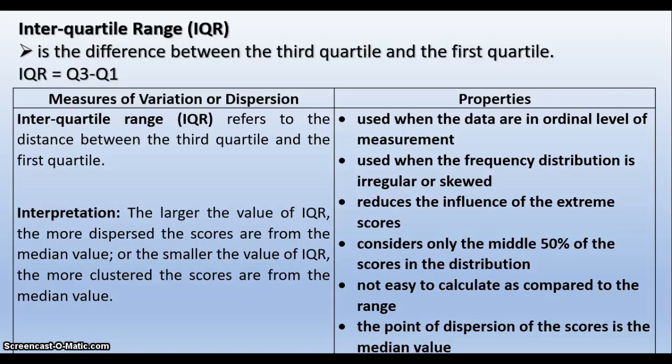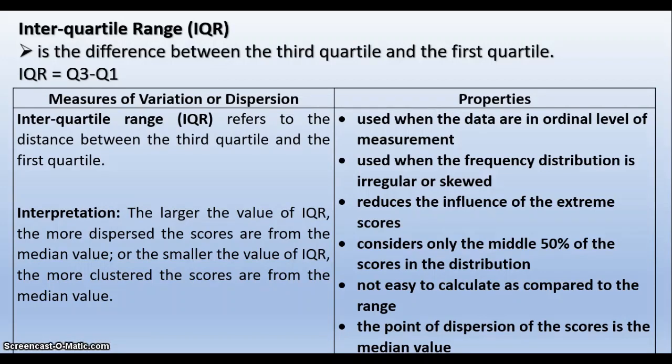IQR. So the next one is that the point of dispersion of the scores is the median value. So remember this interpretation. All of the interpretations must be remembered by you because these are very important in the LET. So what is the interpretation of interquartile range? The larger the value of IQR, the more dispersed the scores are from the median value. So remember this one.